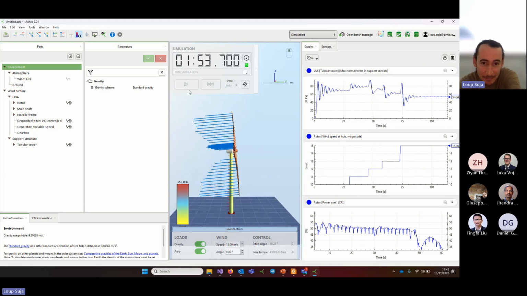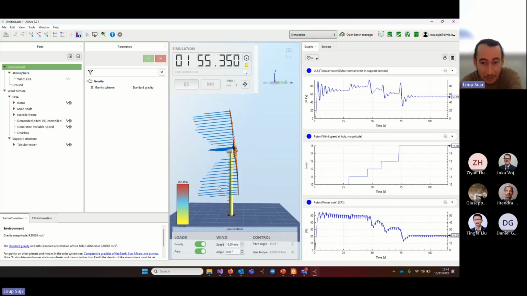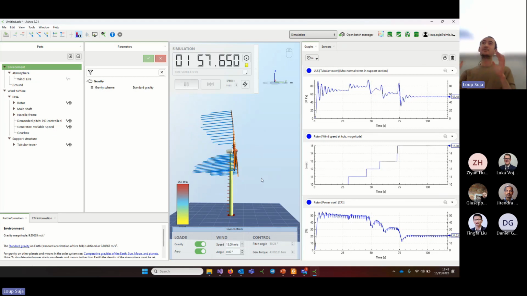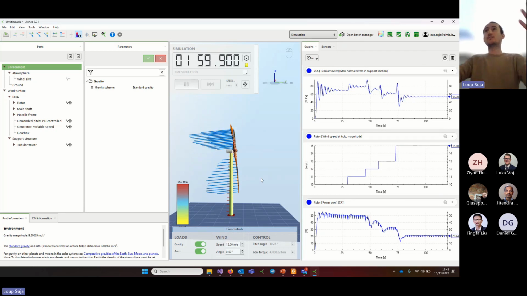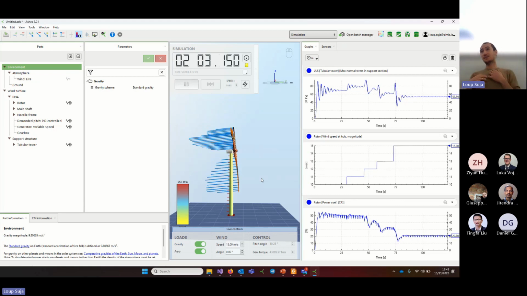Every time the blade passes the tower, you can see that the aerodynamic loads, which are these blue vectors, so this is the thrust, decrease a bit. And that's because the tower is kind of blocking the wind, right? So the wind has to go around the tower, and that's slowing down the wind just in front of the tower. That's called the tower shadow effect.